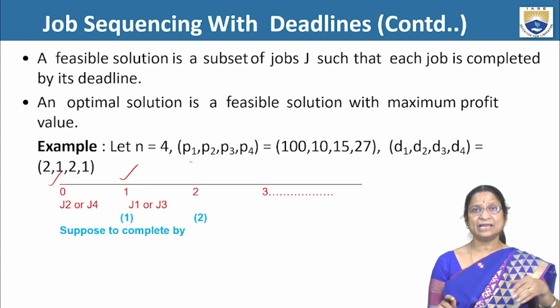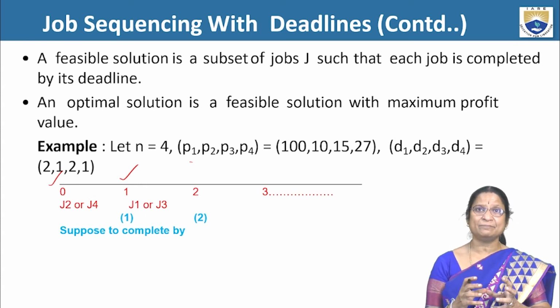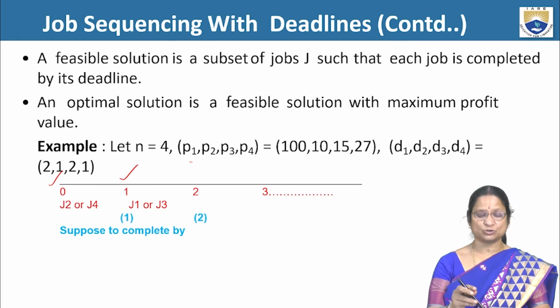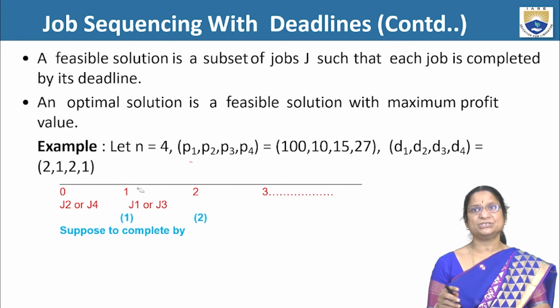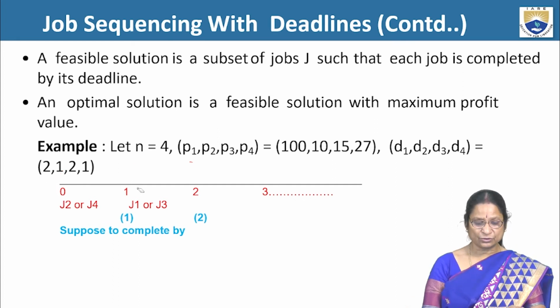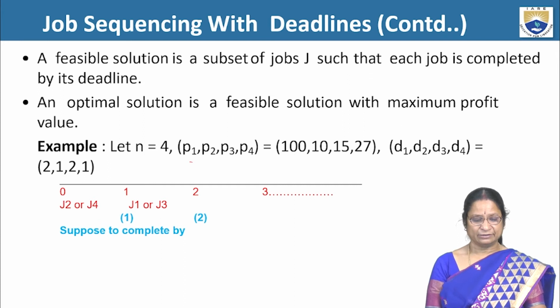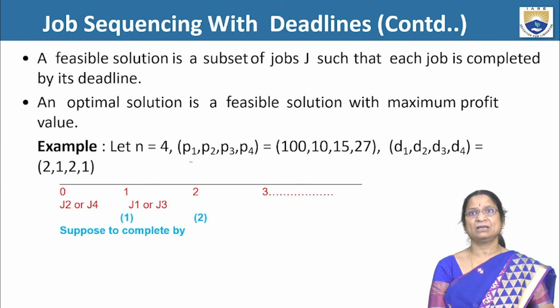Please observe, the deadline is not the time taken by that particular job. It is the time before which the job has to be completed on the machine. So, for example, J4 must be completed earlier, then J1 or J3 can be completed next.